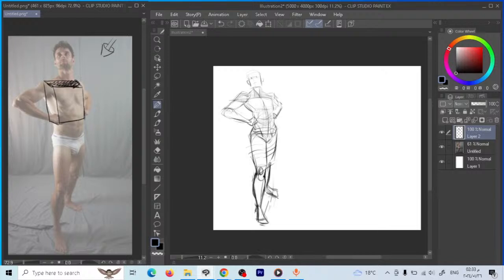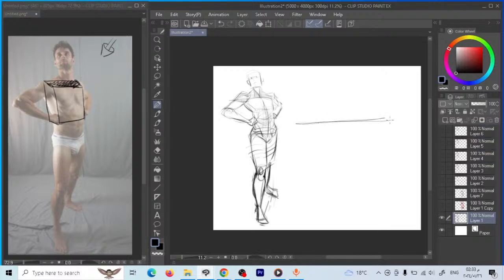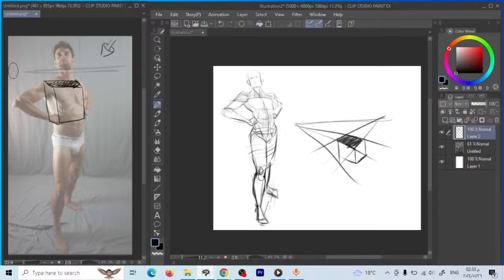That means if we're drawing a horizon line, we're seeing the upper plane. So it means it is below the horizon line. So it is kind of on the neck, I guess.